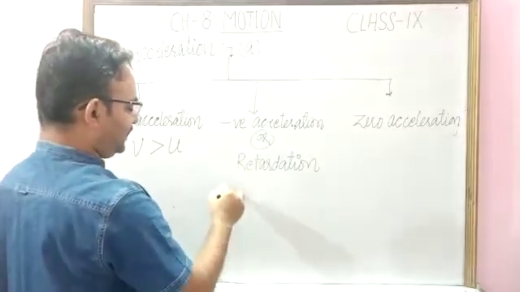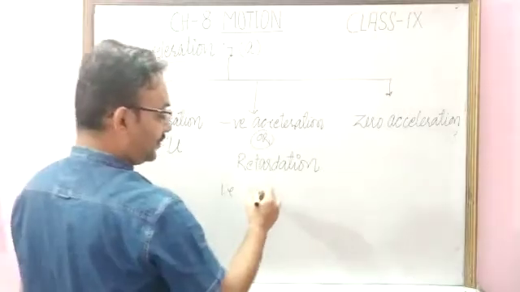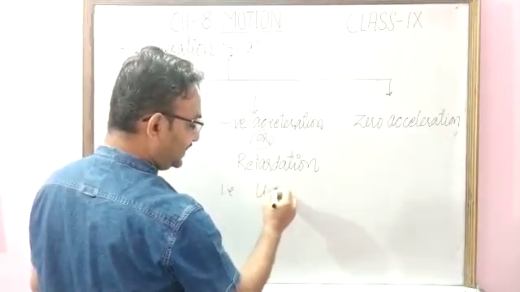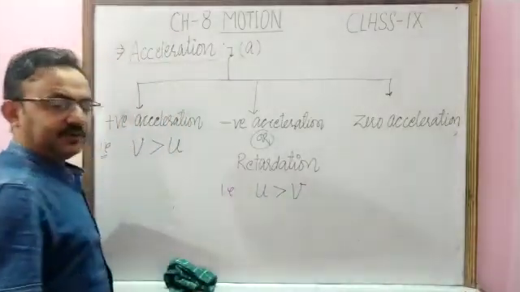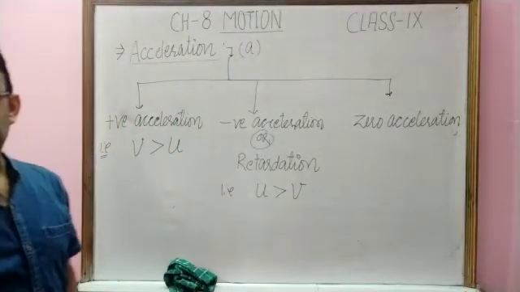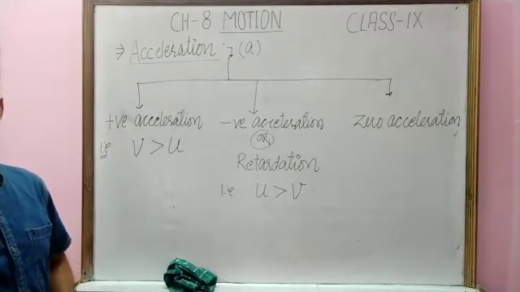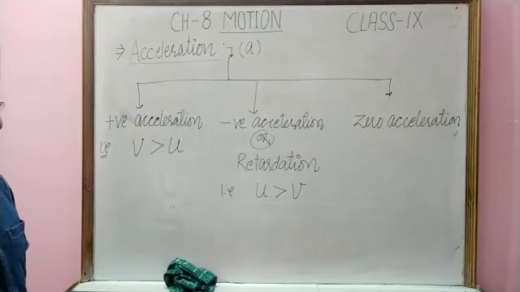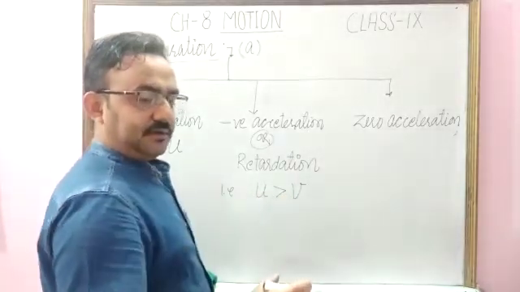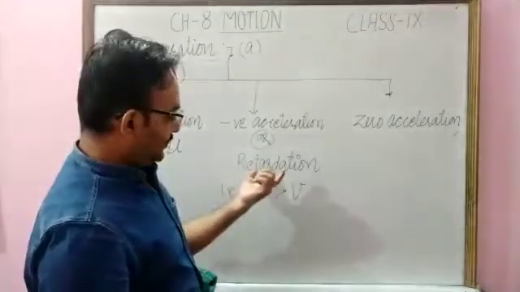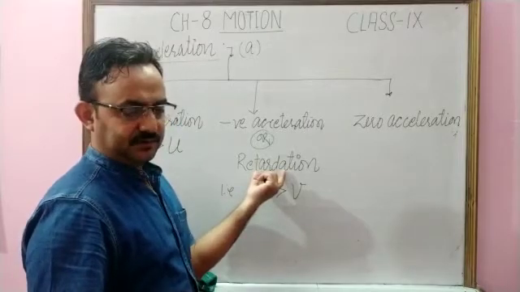But in case of negative acceleration, initial velocity is greater than final velocity, means u is greater than v. This acceleration is also known as retardation.